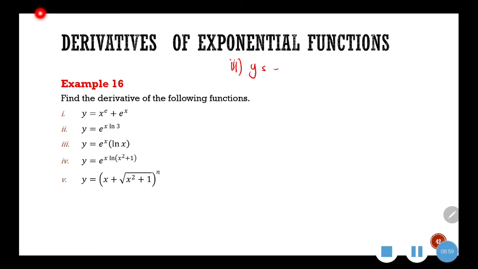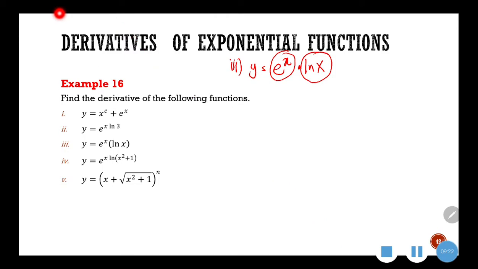Y equals e to the power of x times ln x. Okay, so if you look at this function, tengok dulu berapa equation, how many function do we have here? Obviously, kat sini kita ada dua function. Satu is e to the power of x, second function is ln x.